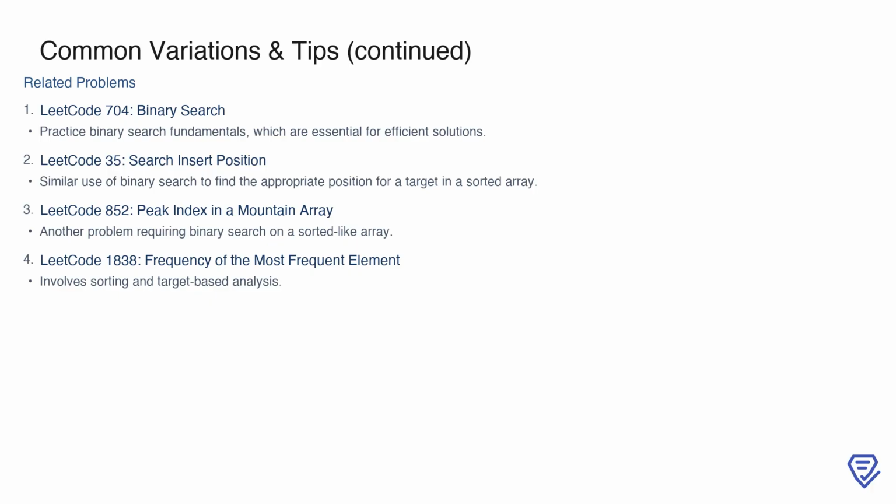LeetCode 852, Peak Index in a Mountain Array, provides practice with binary search in a scenario involving a sorted-like structure. Lastly, LeetCode 1838, Frequency of the Most Frequent Element, combines sorting techniques with target-based analysis, offering a more advanced challenge. These problems reinforce the key skills needed to solve variations of the current task effectively.